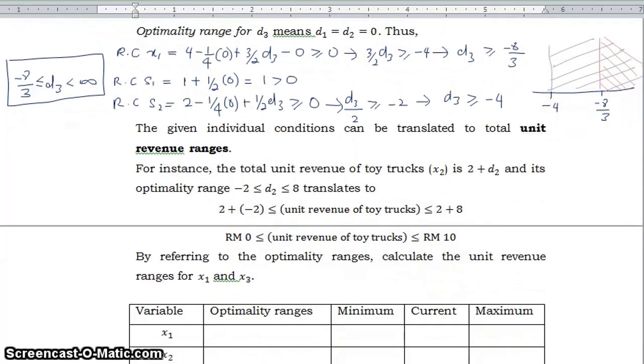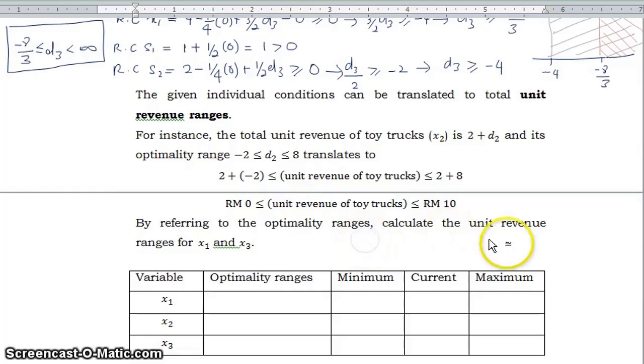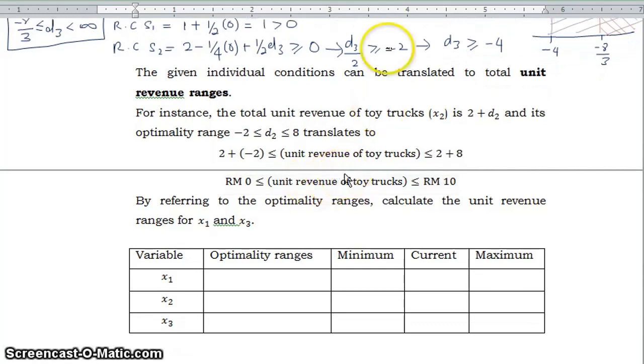By referring to the optimality range, we can calculate the unit revenue range for X1 and X3. Let's fill in the table. We know that the optimality range for D2, we have discussed here, D2 is between negative 2 and 8.